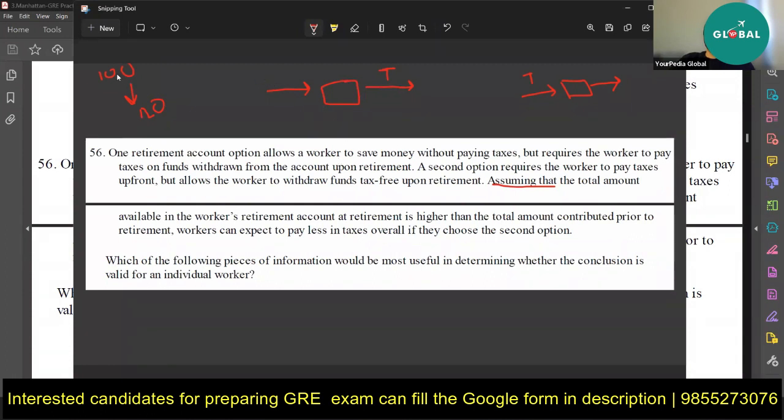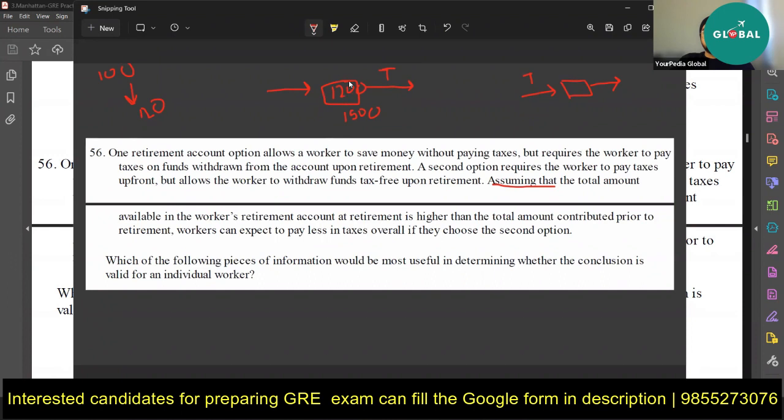Let's take the example of 1 year. If you are putting 100 per month, technically you will get 1200, but actually you will get some interest, so maybe you will get 1500 finally.